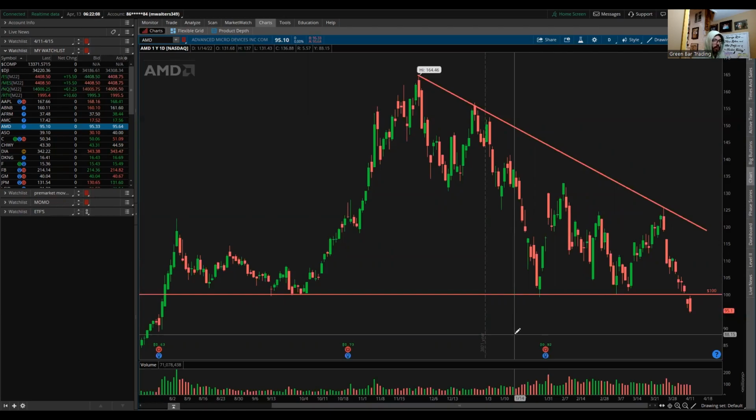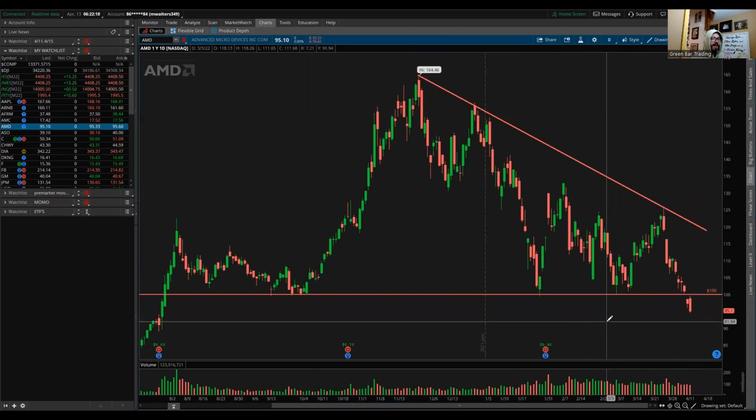Well, this was a very nice setup for a break. A retest of that 100, getting as close to that level as you can, and then taking put contracts, shorting it, and just taking advantage of that huge level that algorithms and other traders have been watching.